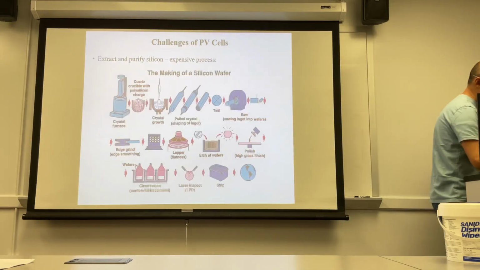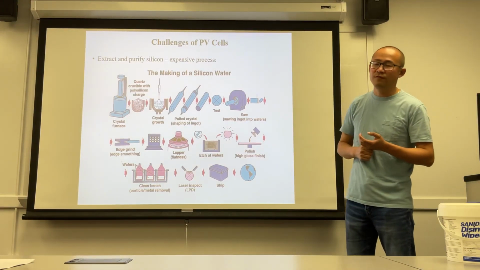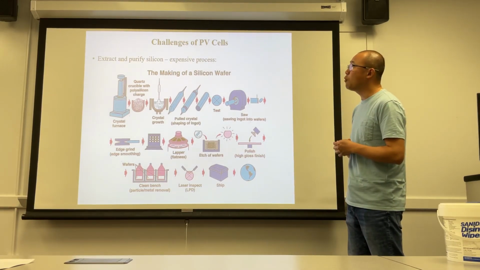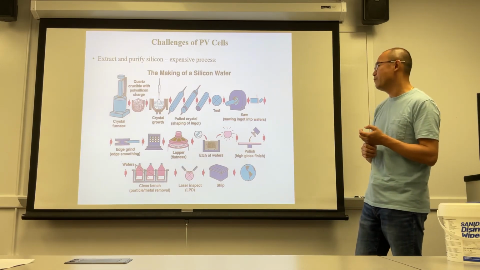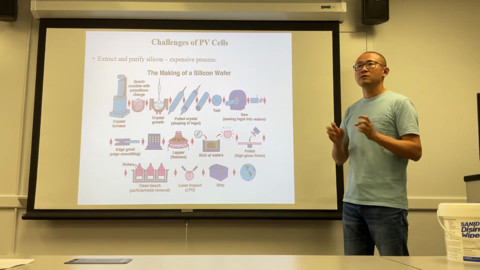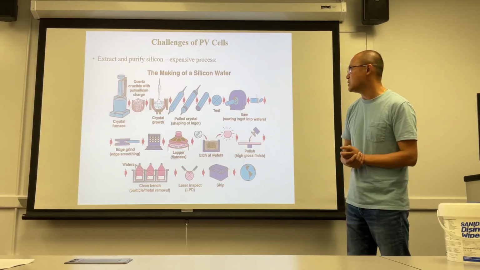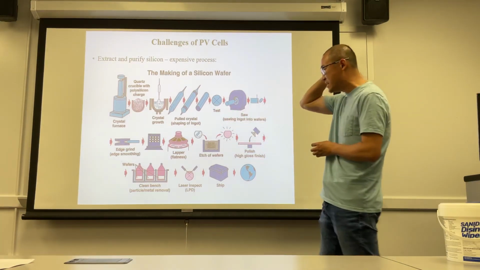And another one, finally, adding to the cost of the solar panel, is that making solar or PV cell grade silicon layers is a very cumbersome and also very expensive process. Okay, I'm not an expert on this, but you can see how many steps are needed.